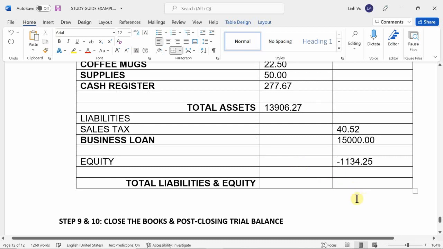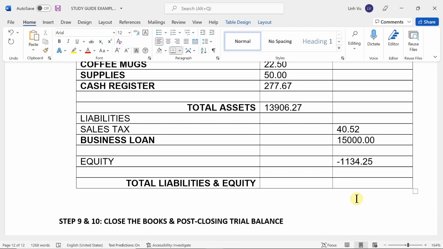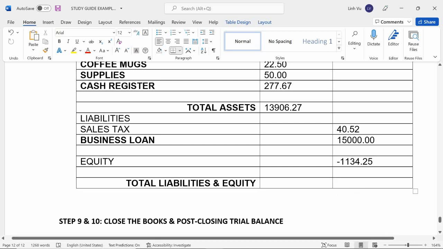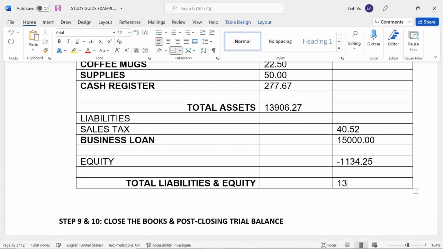Okay, so then there you go. Let's calculate how much my grand total liabilities and equity are. In this case, I got $15,040.52 minus that 1,134.25, and I get a grand total of 13,906.27.